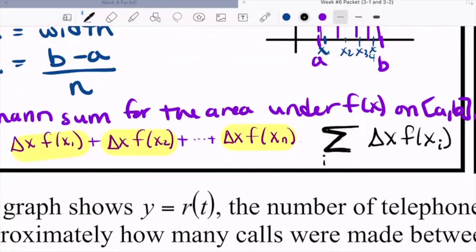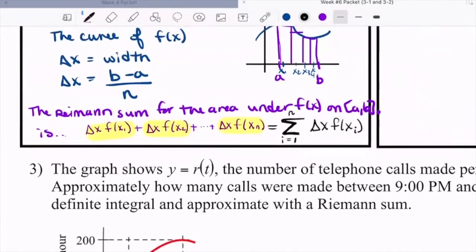So i, which is here, would start at 1 in our case and go all the way up to n. So if we wanted to write this sum out in a more succinct way, we could write it as the sum from little i going from 1 to n of change of x times f of x sub i. This is often called summation notation. And again, it's helpful when you have a large sum like this to write that sum more succinctly.